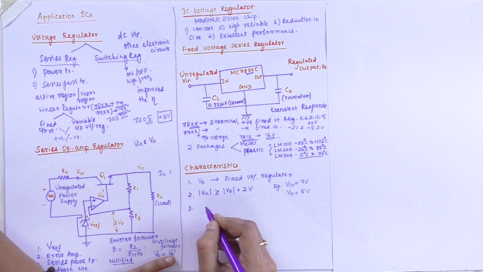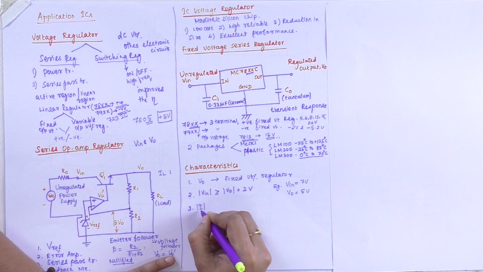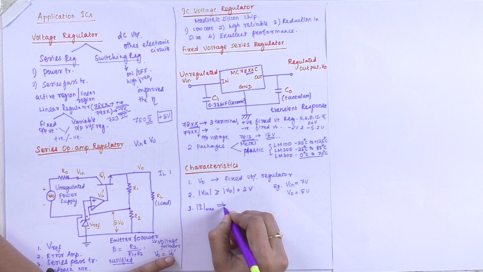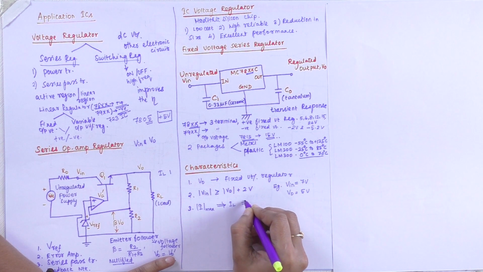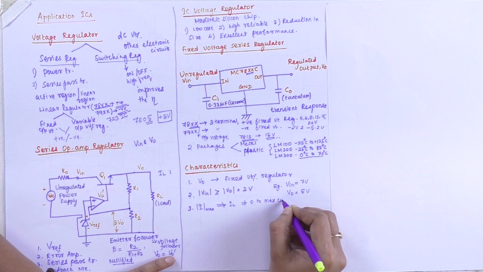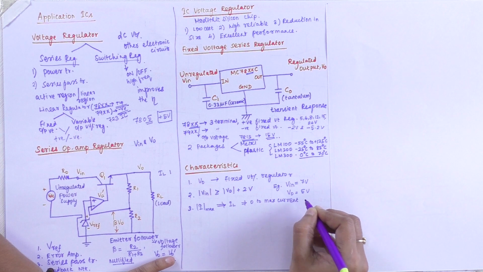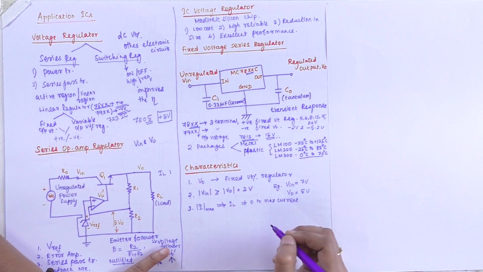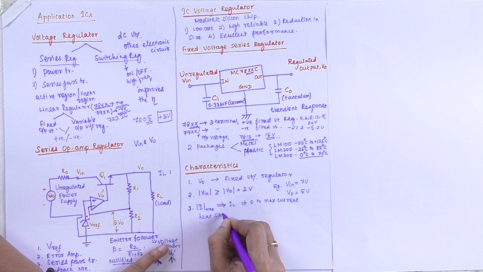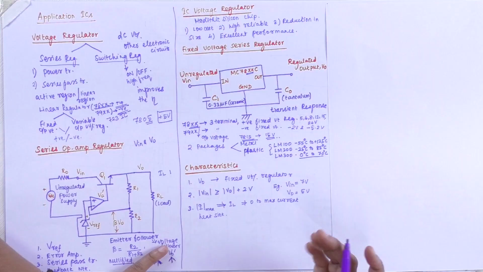The third one is the maximum current. This maximum current is derived from the load current, and we have to produce 0 up to the maximum current rating. Once you produce the maximum current, you have to provide a heat sink. The concept of the heat sink is to keep your IC cool. Once you are giving the maximum current, ultimately your IC gets heated.